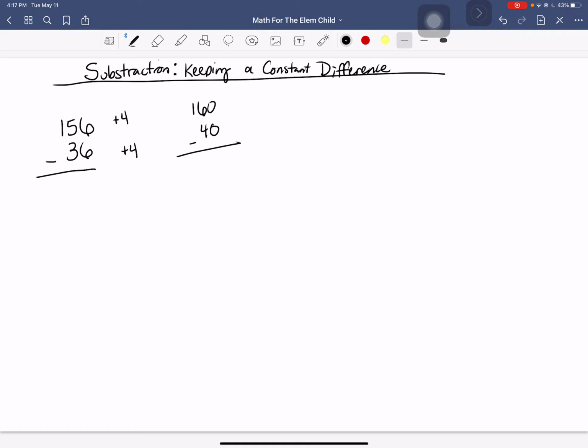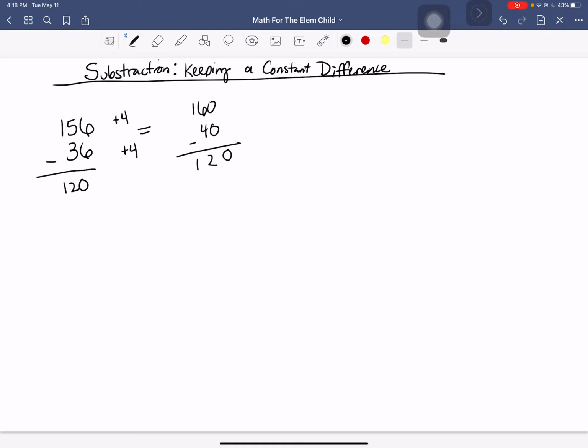So if we have 156 minus 36, and we add 4 to each number, then we have 160 minus 40, and those are equivalent now. So if we bring the zeros down, 6 minus 4 equals 2, and then we bring the 1 down. This is 120. So 156 minus 36 equals 120.